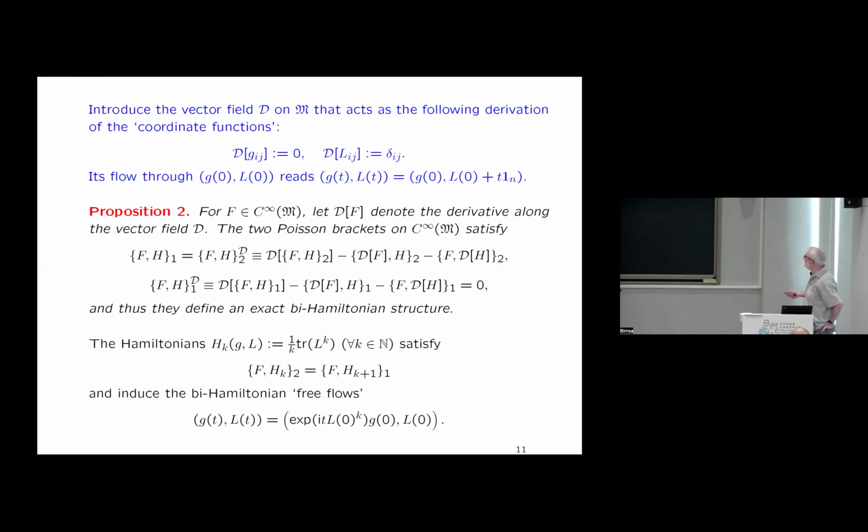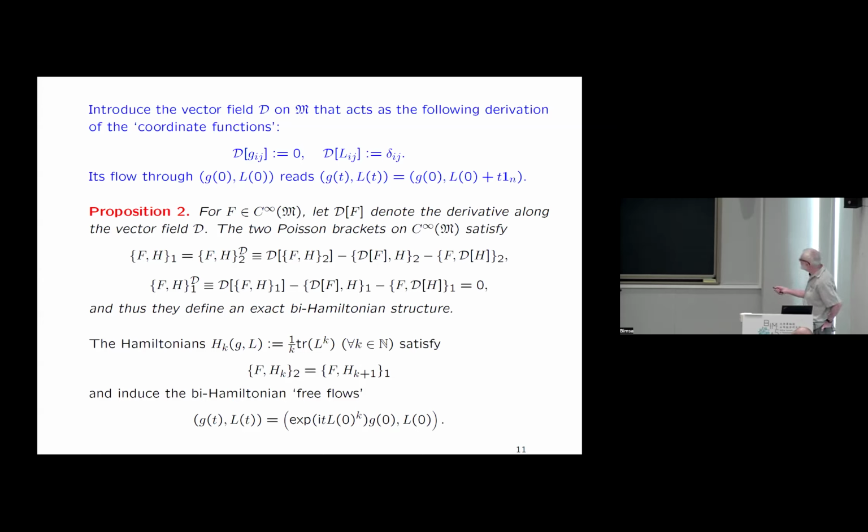Now we have two Poisson brackets on our phase space, and let's define this derivation. In order to define a derivation, it is enough to define the derivative of the basic functions, the matrix elements of our two matrices which form the phase space. So let's define it like that.